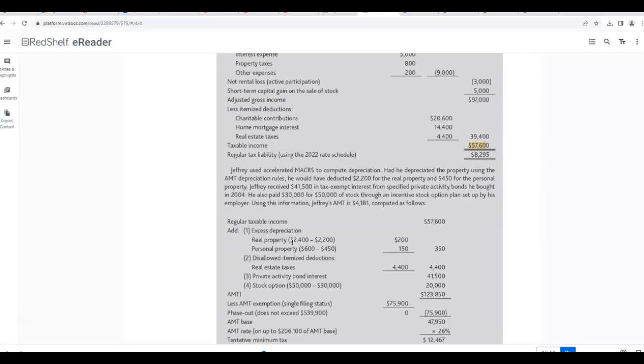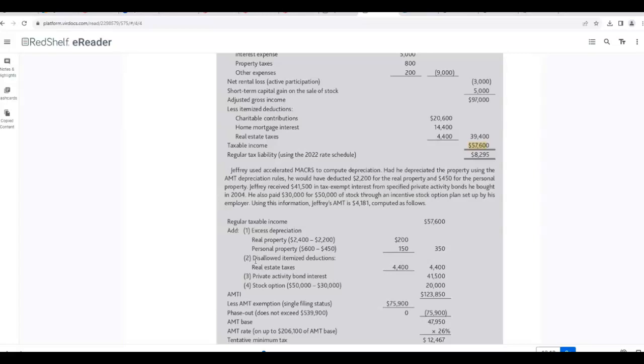So the rental real estate property has $200 extra depreciation because of the accelerated method. Personal property has extra $150, so that's also excess. So 200 plus 150 is 350. Up to here, are we good?